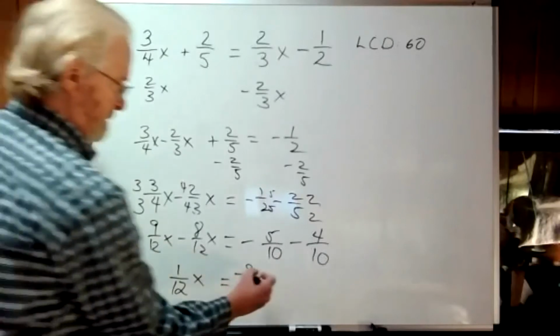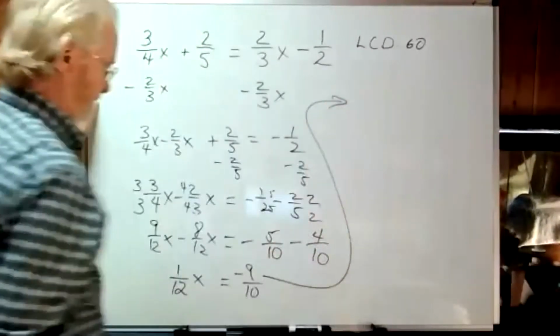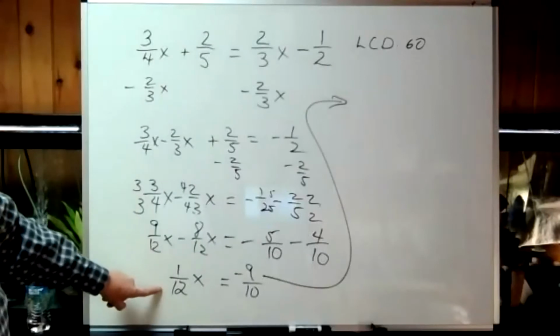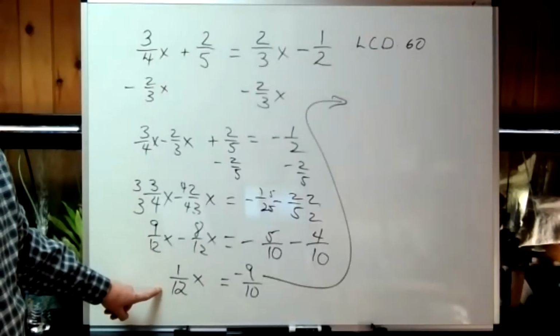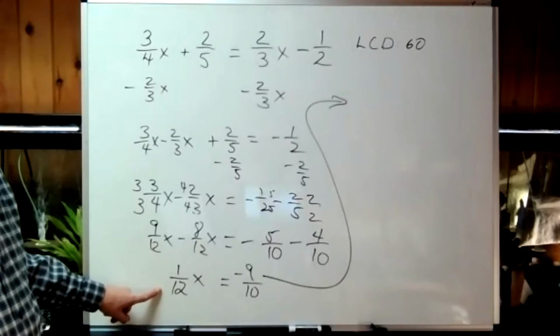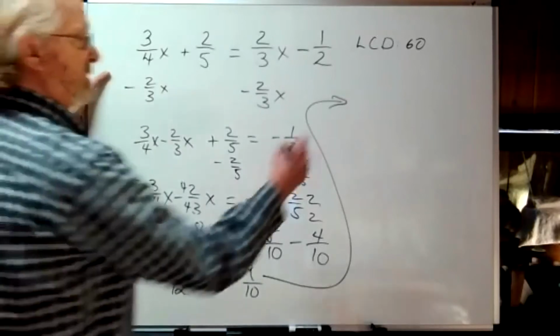I'm going to go over here, okay? So how do I undo, you might say, dividing by 12? I'm going to multiply both sides by 12.